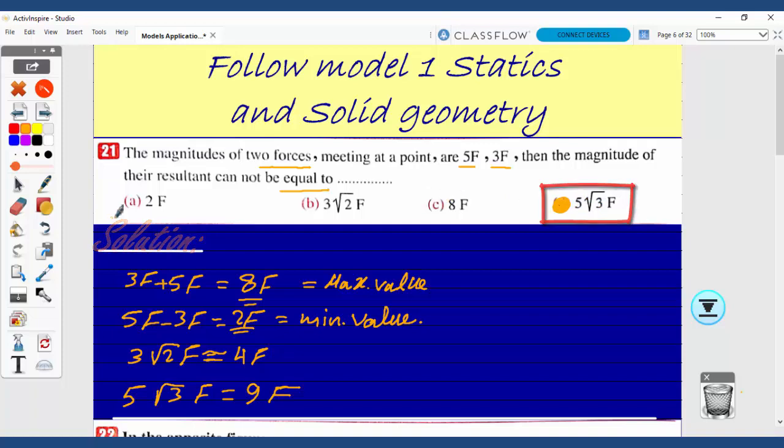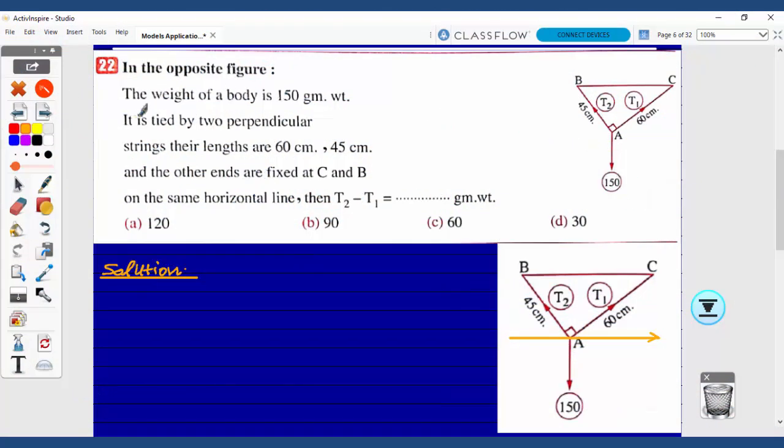In the opposite figure, the weight of a body is 150 gram weight. Here is the weight of the body. It is tied by two perpendicular strings. Their lengths are 60 centimeters and 45 centimeters. It's clear that AC equals 60 centimeters, AB equals 45 centimeters.